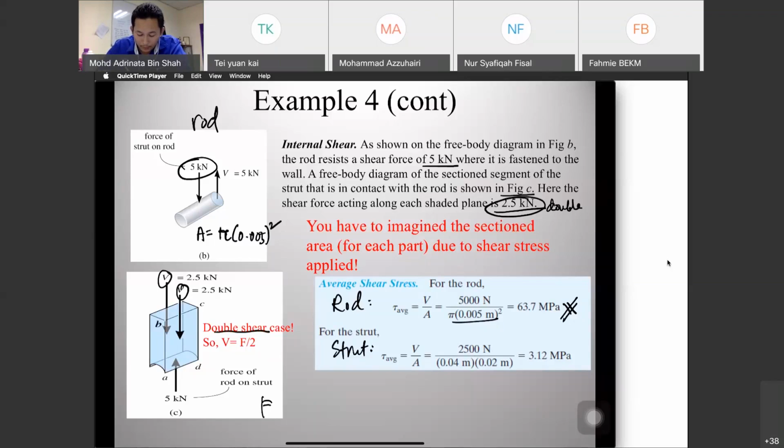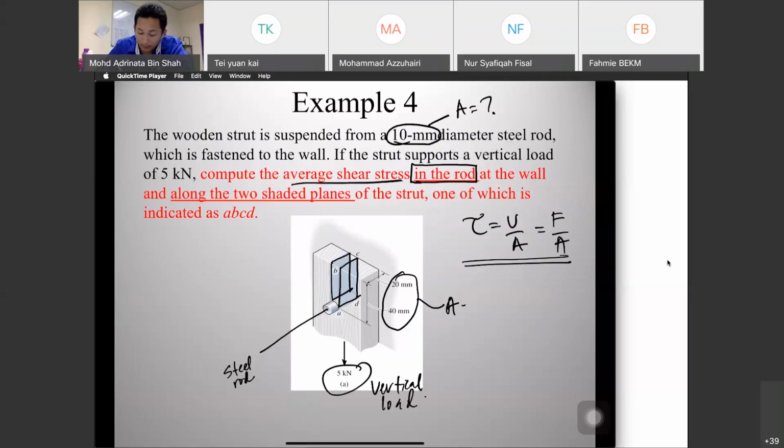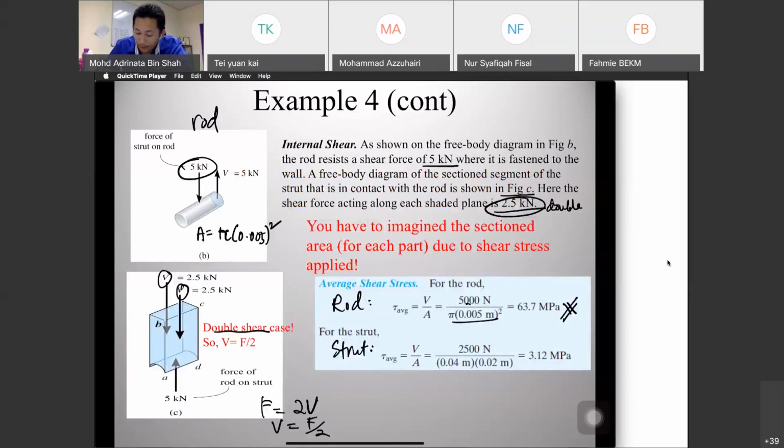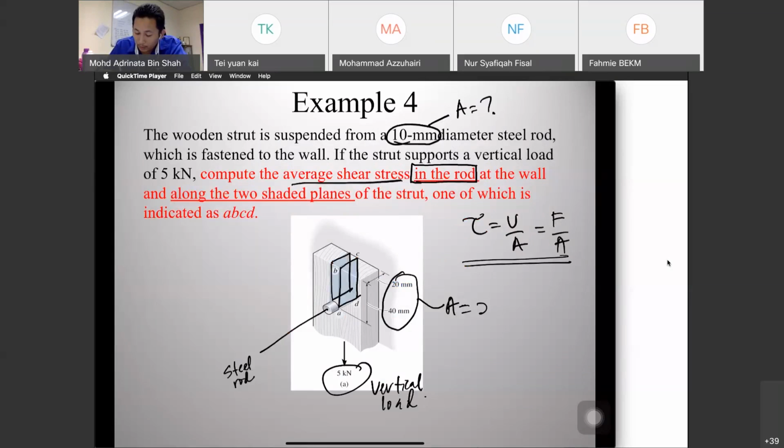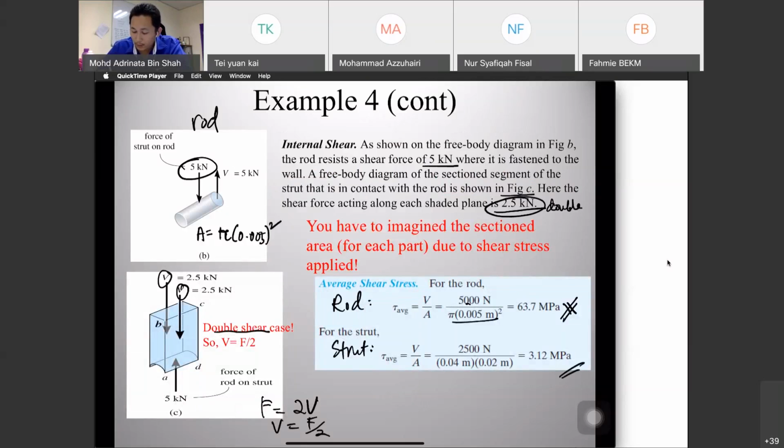Equilibrium, so F equals 2V, V is equal to F over 2. So 2500 Newton. Its A is 20 mm times 40 mm, or you can directly convert to meters, times 0.04 meter. So you get your shear stress.